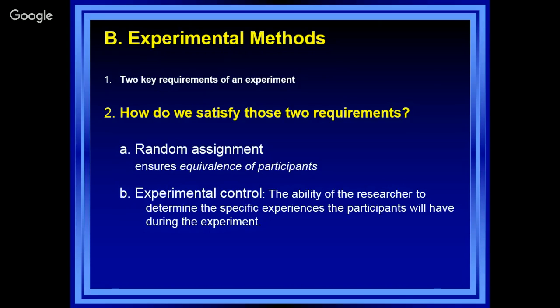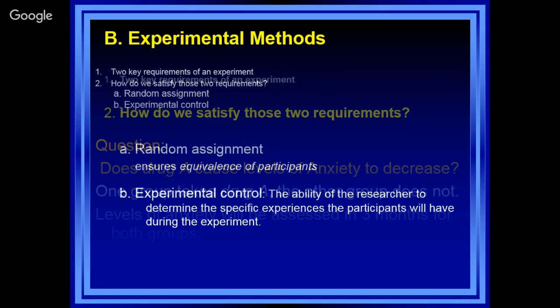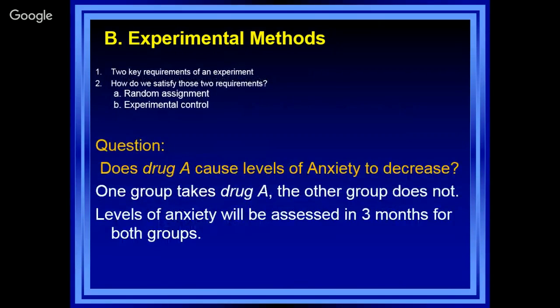This idea of experimental control leads us to the idea that we have two different groups. That helps us to have experimental control. When we talk about these two groups, I want to give you this example as we go into the next section. So you could write this example down in your notes. It's a good example. Say I'm interested in whether drug A causes levels of anxiety to decrease.